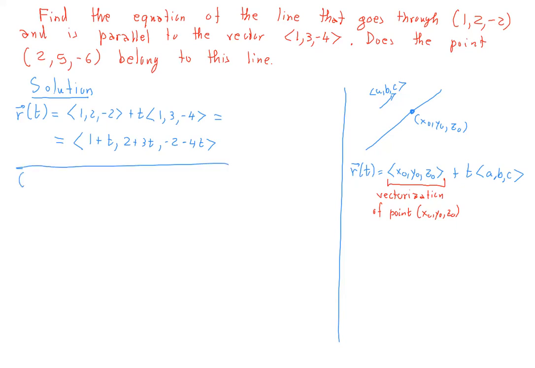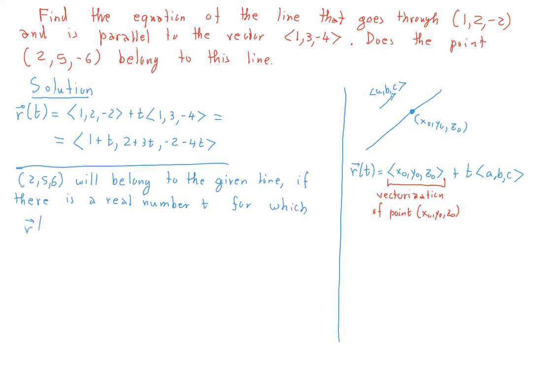So (2, 5, -6) will belong to the given line if there is a real number t for which r of t is precisely (2, 5, -6).